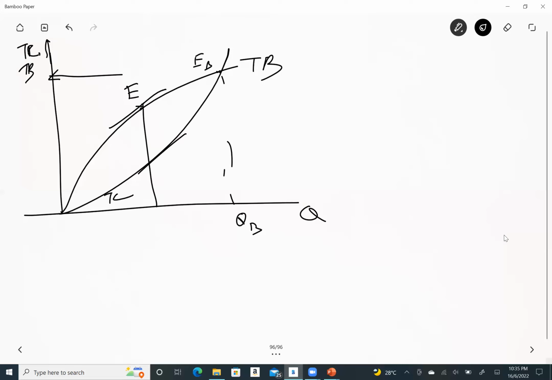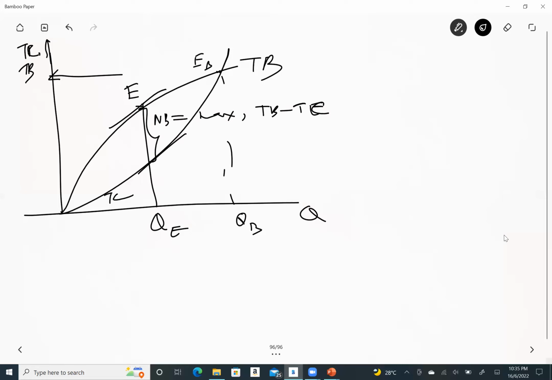So that is equilibrium QE. And that is the difference between the net benefit. Yeah. Okay, that benefit is maximum. And in other words, the total benefit minus total expenditure, total cost, is maximum. So that is the efficient one.